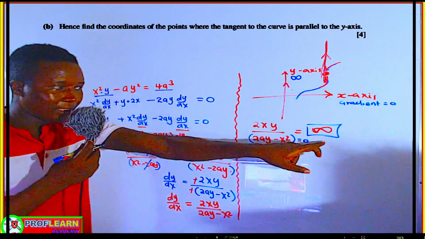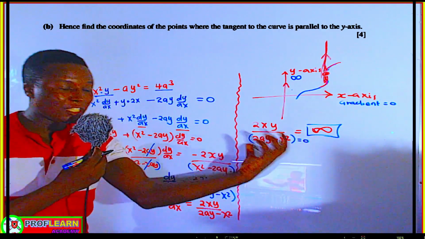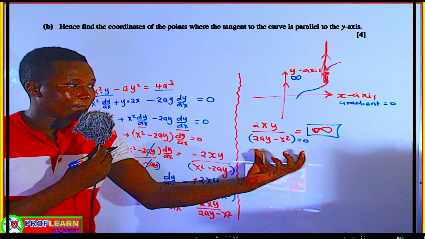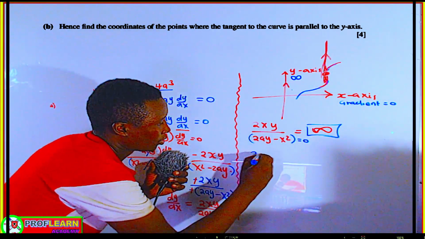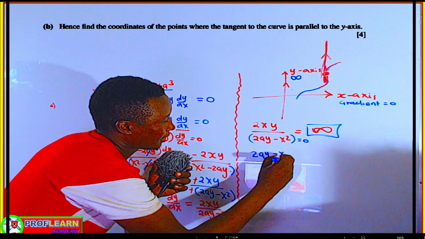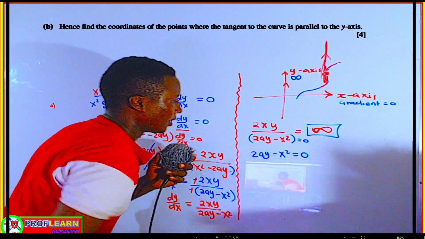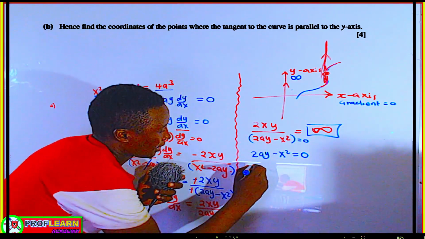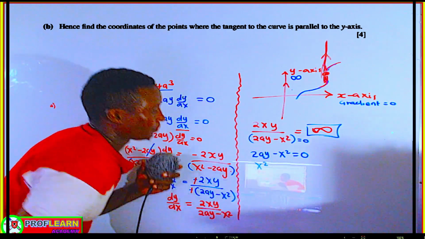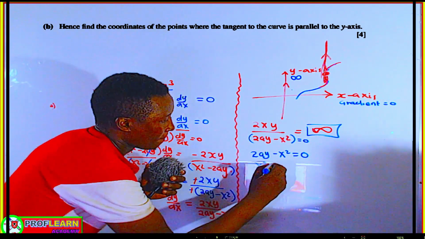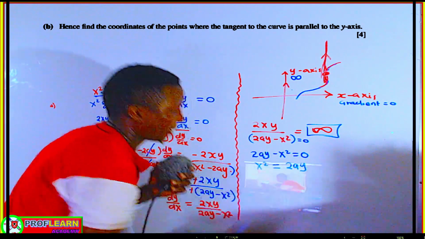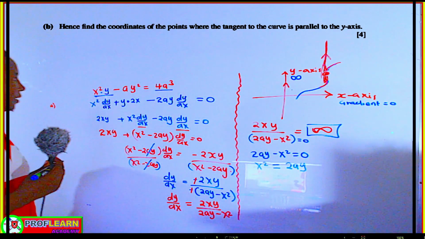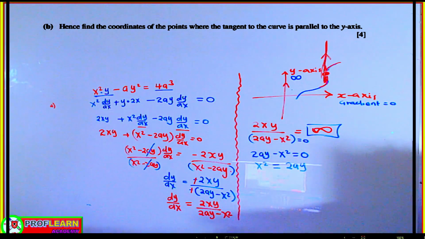For you to get an infinite answer, the denominator of this expression must be equal to 0. So we say 2ay minus x squared is 0. That means our x squared is equal to 2ay.